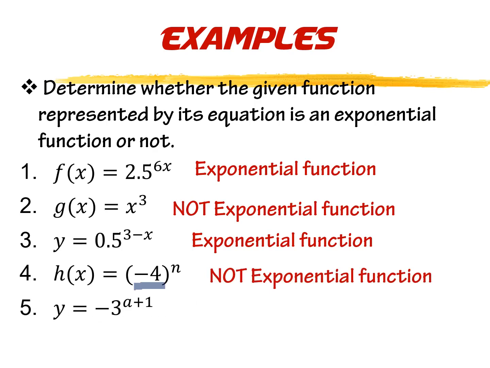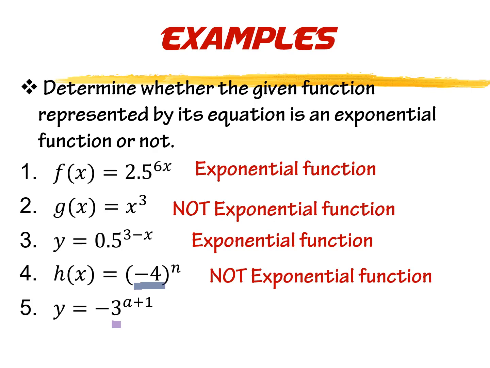Number 5, y is equal to negative 3 raised to a plus 1. Okay, so your base here is negative 3. Actually, your base here is simply 3. And your exponent contains the variable a, which is a plus 1. So here, your 3 is not enclosed in a parenthesis, meaning the base is simply 3, and the negative here indicates that your function is a decreasing function.